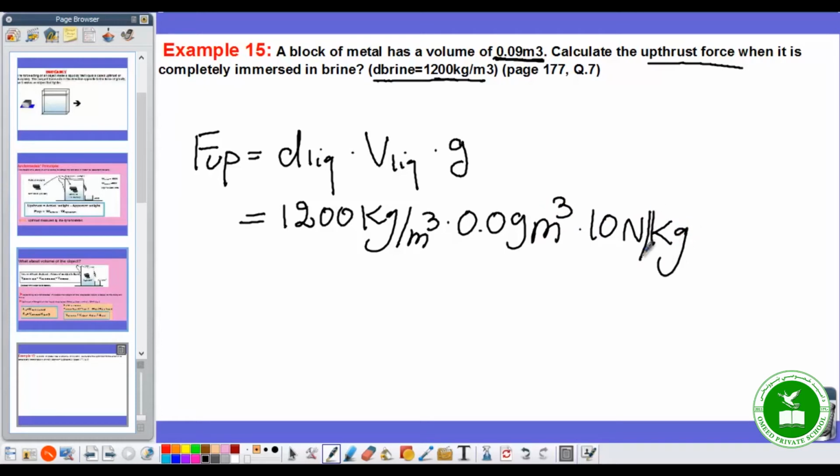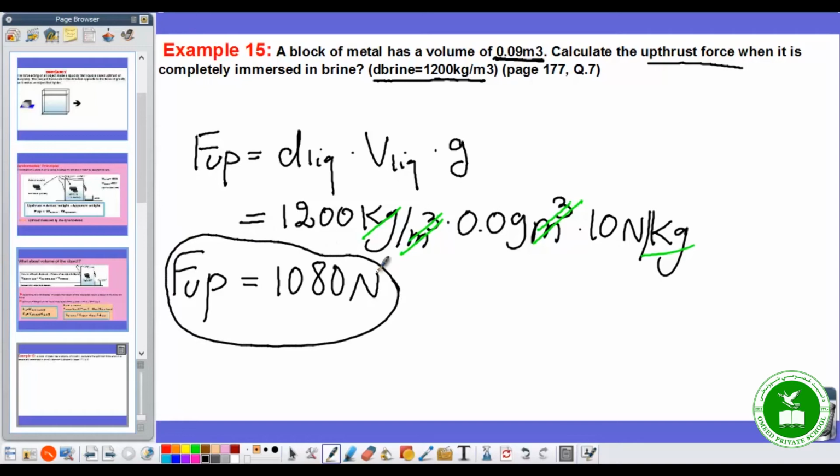Here kilogram disappears, meter cube cancels. The remaining term will be upthrust force. If you multiply this, how much is it? It's 1080 Newton. This is how we calculate upthrust force.